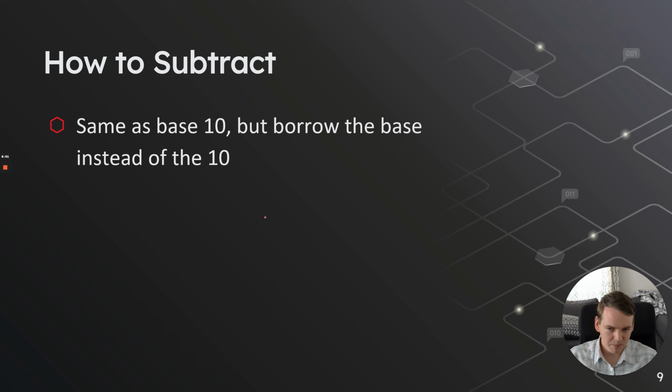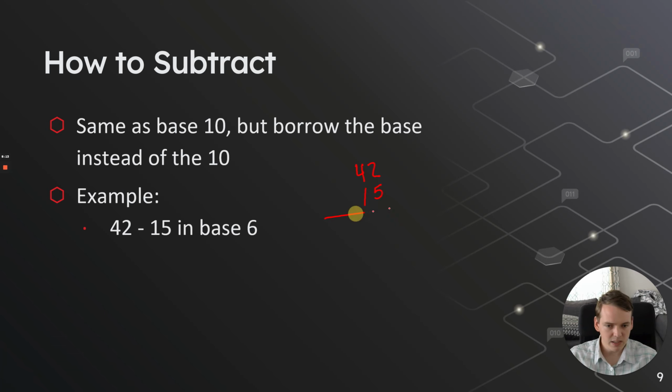Subtracting is the same as in base 10, but we borrow the base instead of the 10. So 42 minus 15 in base 6, well, if we subtract that, 2 minus 5, 2 is smaller than 5, so we need to borrow. So we take away here, and we get a 3, just like we would do in base 10.